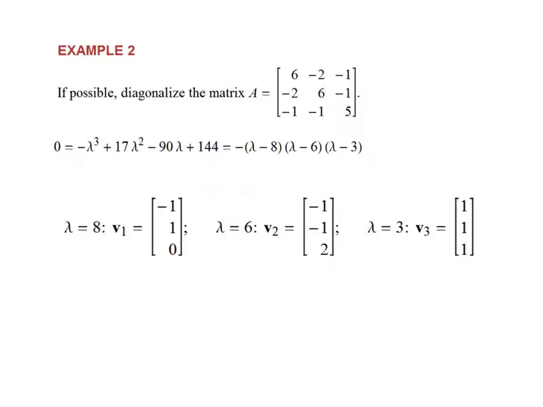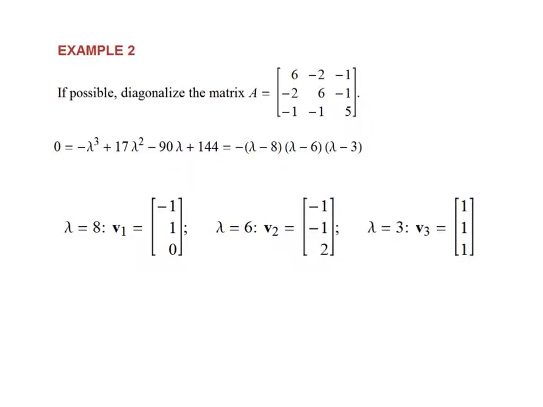We have a matrix A that looks like that, and the first thing to notice: 6, negative 2, 1; negative 2, 6, negative 1; 1, negative 1, 6. That is symmetric. They've got the characteristic equation, it's factored, and then the eigenvalues are listed with the corresponding eigenvectors.